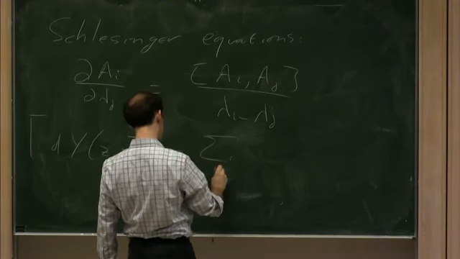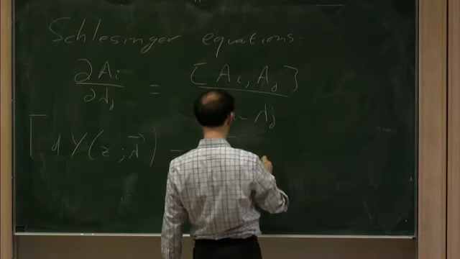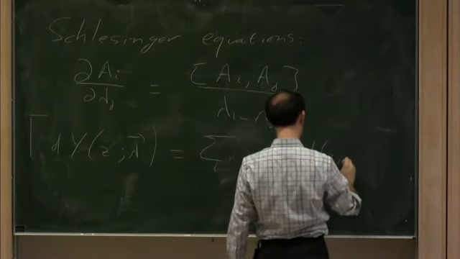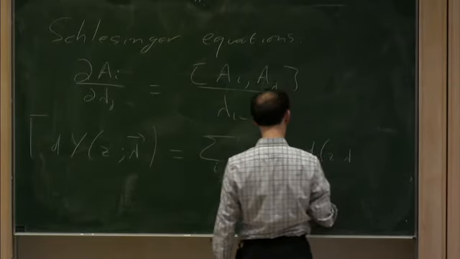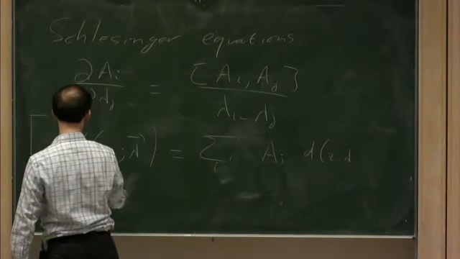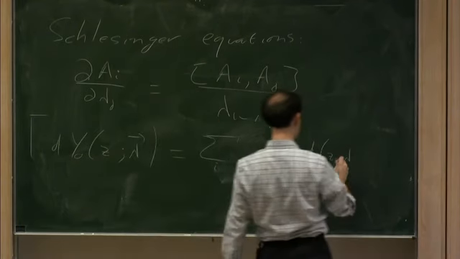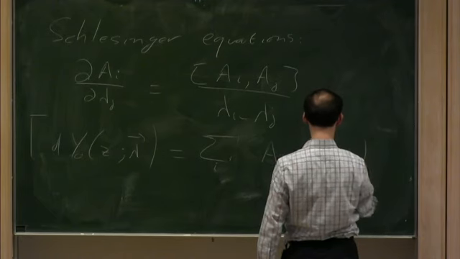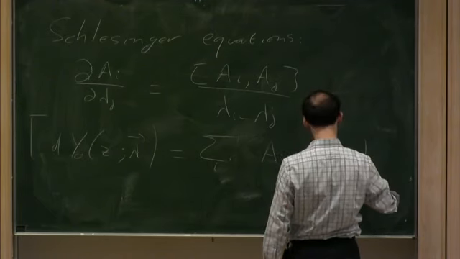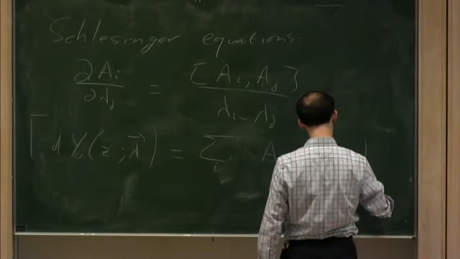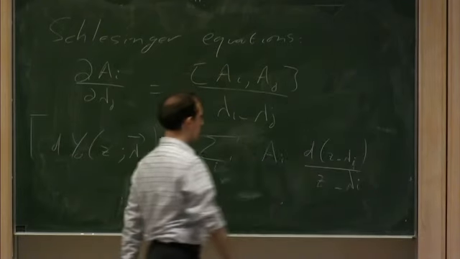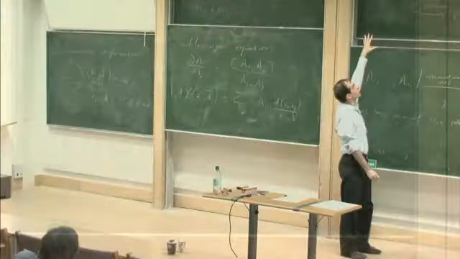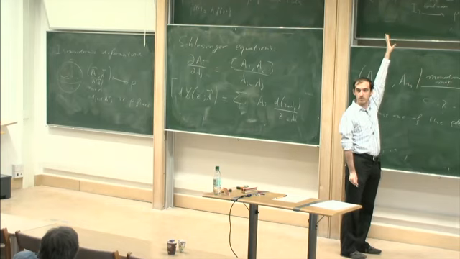So in a sense, the explanation of this equation is the following. You can extend this equation. On top, the punctures were fixed and I was moving z.